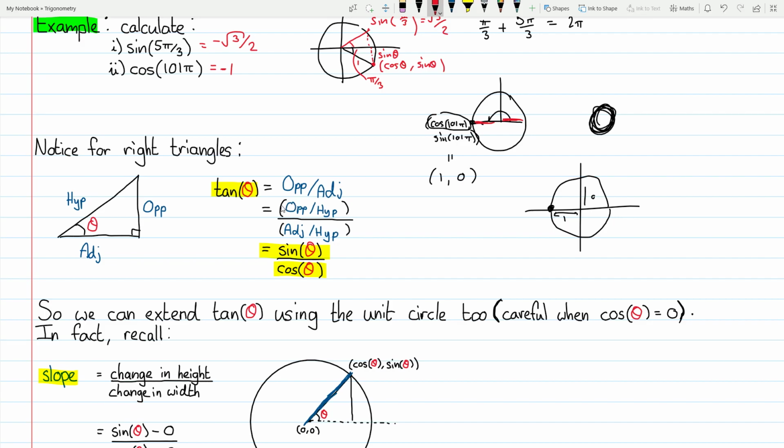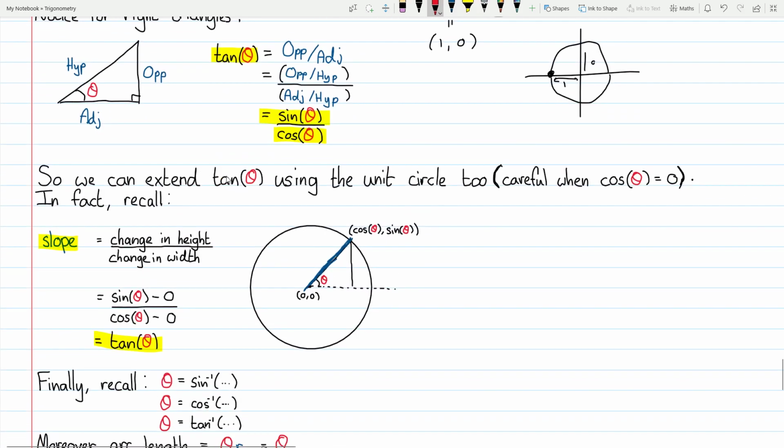Then this is equal to the opposite divided by hypotenuse, all divided by the adjacent divided by hypotenuse, which is exactly sine divided by cosine. So our tangent is equal to sine divided by cosine. This is true for any angle, for the right triangle or the circle. In fact, we define the tangent to be this ratio, so we can now extend the tangent to more angles.